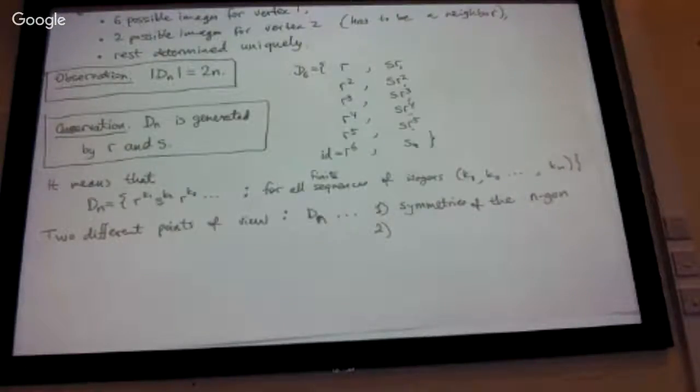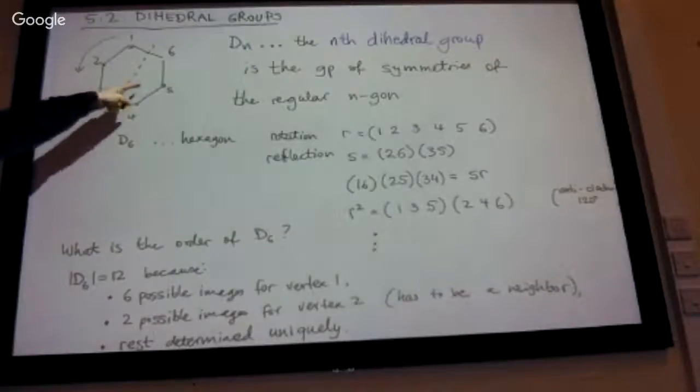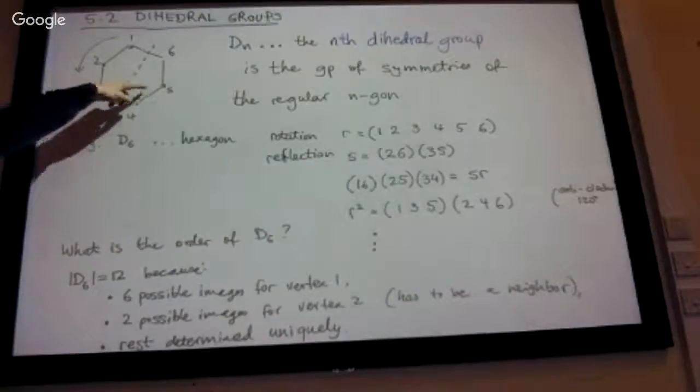So the first one, when you're talking about the n-gon, what does it consist of? It depends, but normally people would think that the n-gon is everything in the n-gon, not just the vertices, but also everything in the middle. So if you have a rotation of the n-gon, not only does it tell you where the vertices go, but any point inside has to be mapped somewhere.